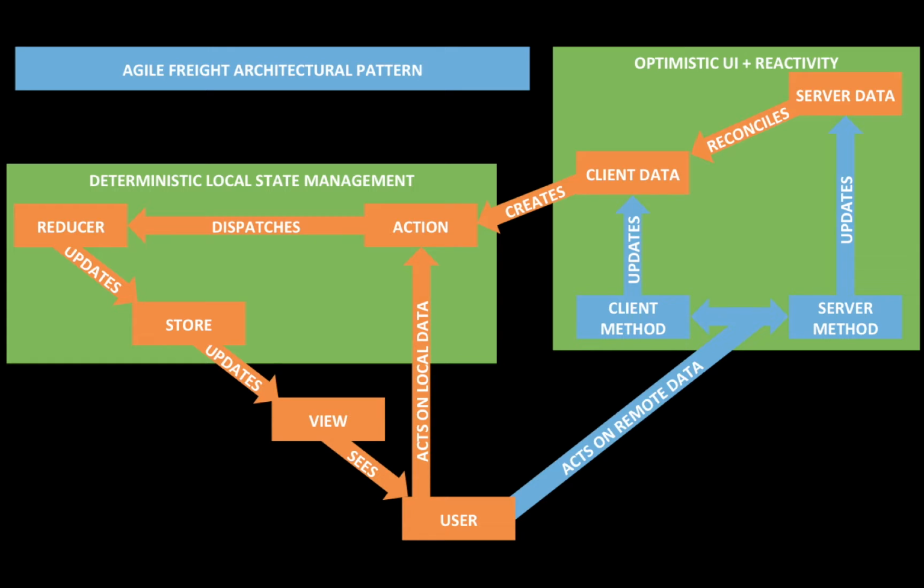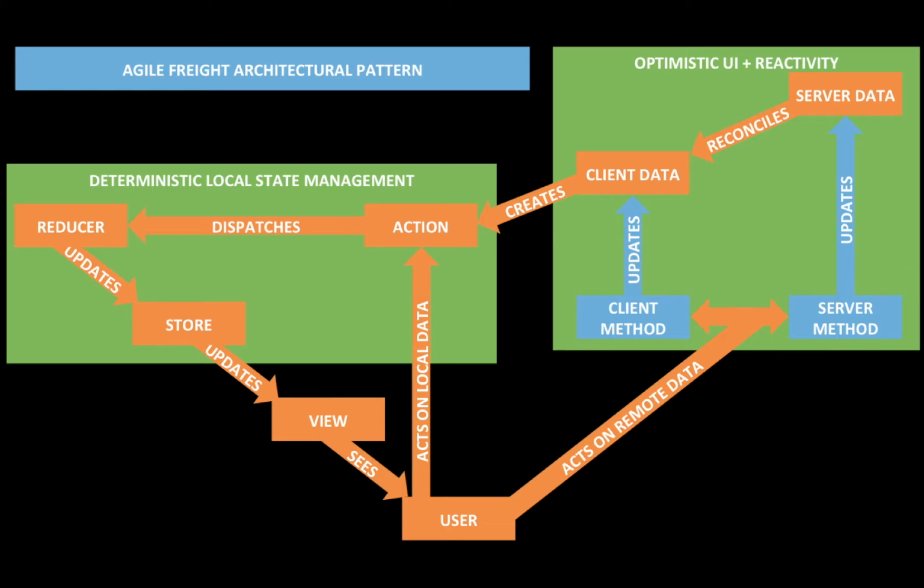But sometimes we do initiate an action which affects server data, like pressing the save button. When you press the save button, you expect that saved document to go to the server and be reflected in the database. So what happens is that you act on remote data, and then two methods get fired at the exact same time. Well, almost the same time.